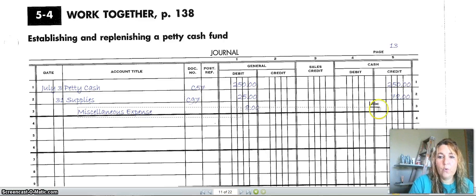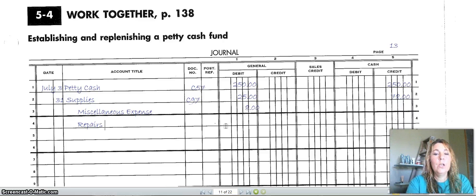We don't need to record a cash credit because we've already got that totaled in. And then on the next line, we're going to record our repairs expense for $45. Now in your book, it just says repairs. It does not say repairs expense. However, you should be able to look at your chart of accounts and know that we don't just have repairs, we have repairs expense. So repairs expense, and that is $45.